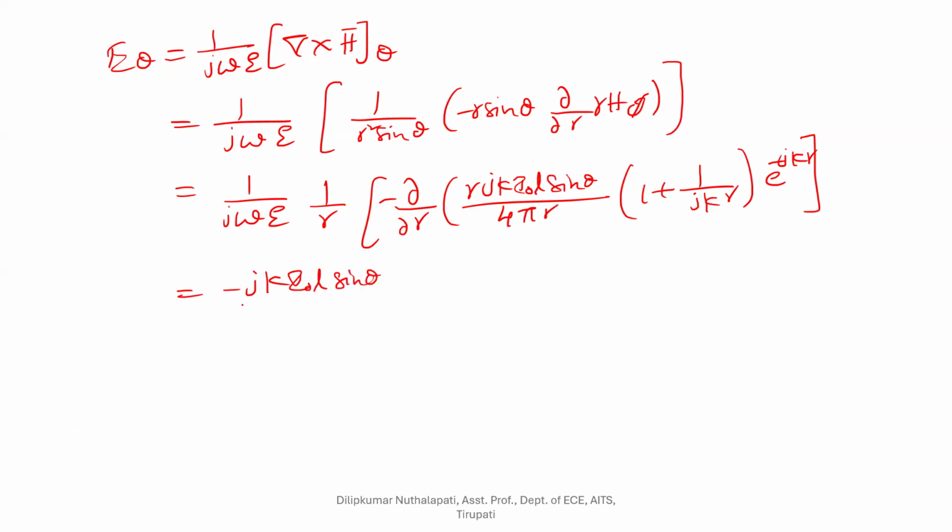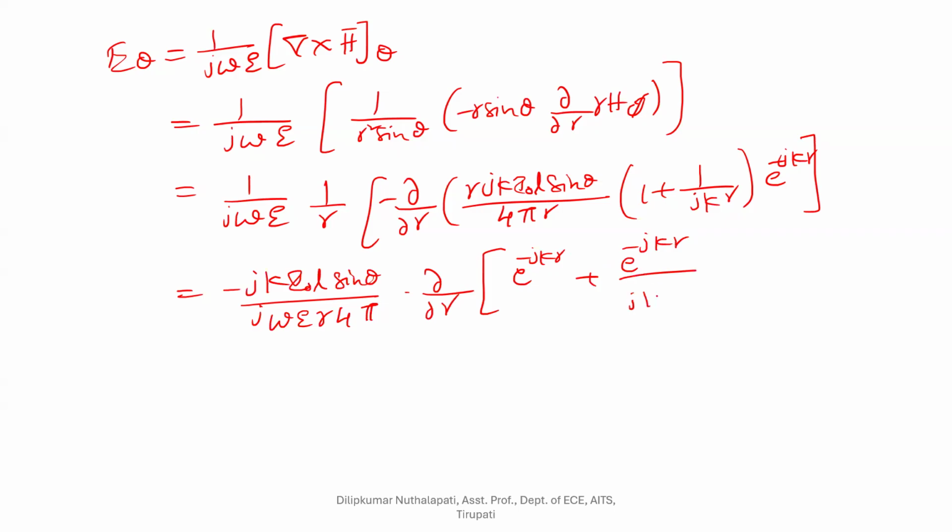All these are independent terms for the differentiation. So with that consideration, we are writing everything outside the differentiation, 4 pi into dou by dou r is the only differential term. It is e power minus jkr in this, and then plus e power minus jkr by jkr. These are the terms dependent for the differentiation.